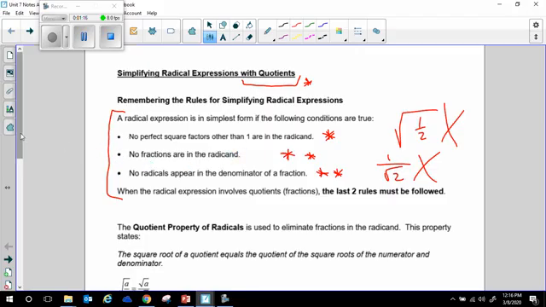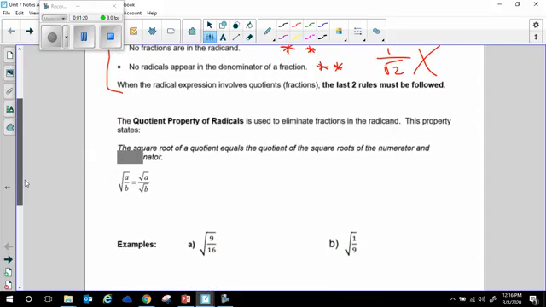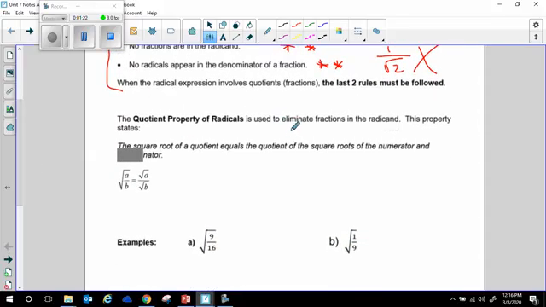Basically what we're doing is using something called the quotient property of radicals to eliminate fractions in the radicand. This is very similar to the one that we used for multiplication, because what we're saying is if we have the square root of a fraction, it's the same as saying the square root of the numerator divided by the square root of the denominator.